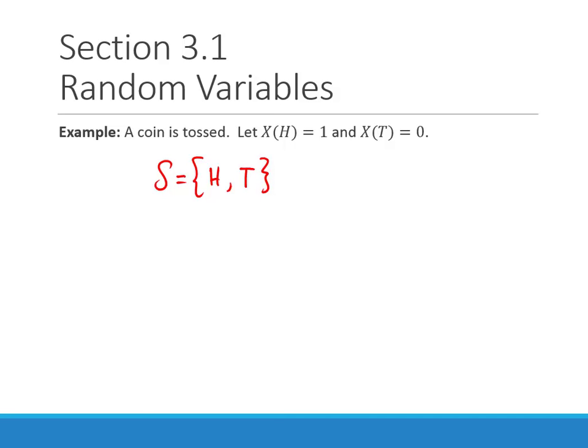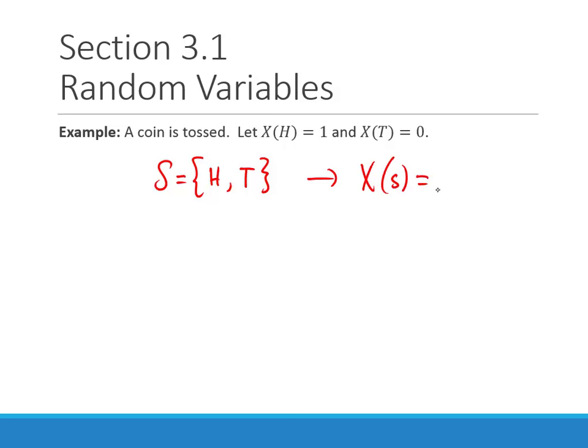And then again, just to formalize, to go from something that's sort of abstract, our sample space getting a head or a tail, we want to talk about this in terms of a number. So instead of saying we got a head or a tail, we're going to say that our random variable is either a 0 or a 1. Again, this is something we've defined. It could be the other way around if we wanted to: 1 if we got a tail, 0 if we got a head. But we're going to assign it this way.